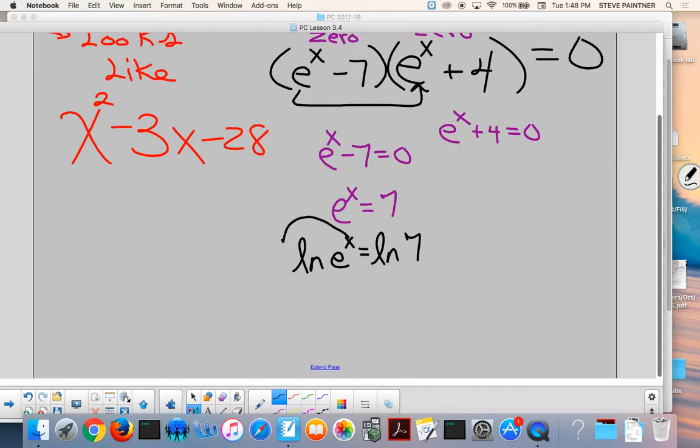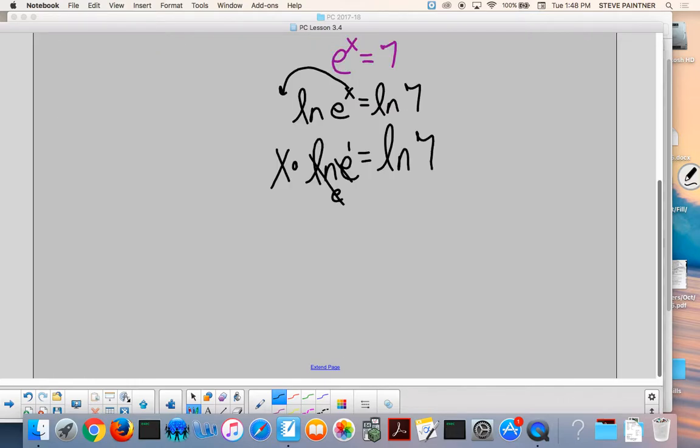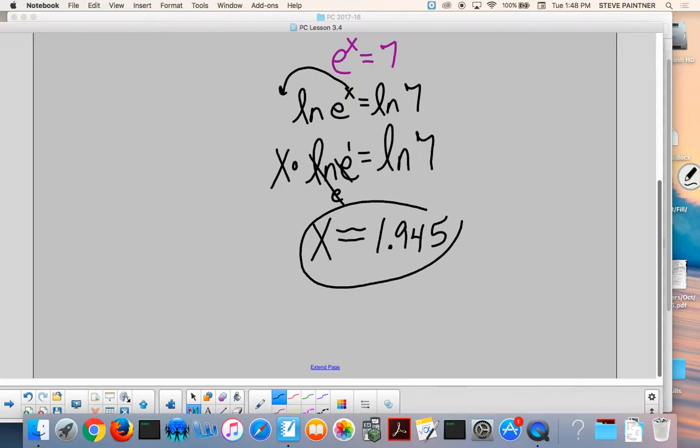Now that x can go out in front, but you sure don't have to, because what is the natural log of e? The natural log of e is 1. And 1 times x is x. So you're done. You just have to say x equals what? The natural log of 7. 1 point what? 945. Okay, good enough for me.